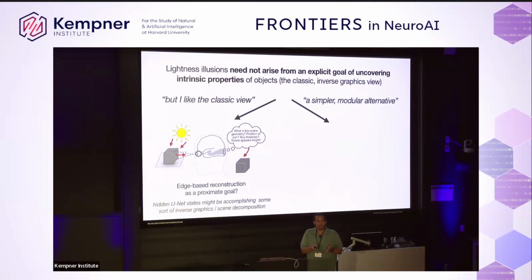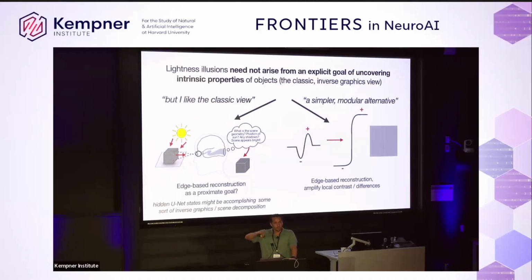Maybe the objective is the visual system gets this sparse input from the eye, and it's got to fill in the missing details. Maybe there's a hint that it fills in the missing details and maybe even boosts the local contrast differences. So it kind of exaggerates differences between adjacent regions.